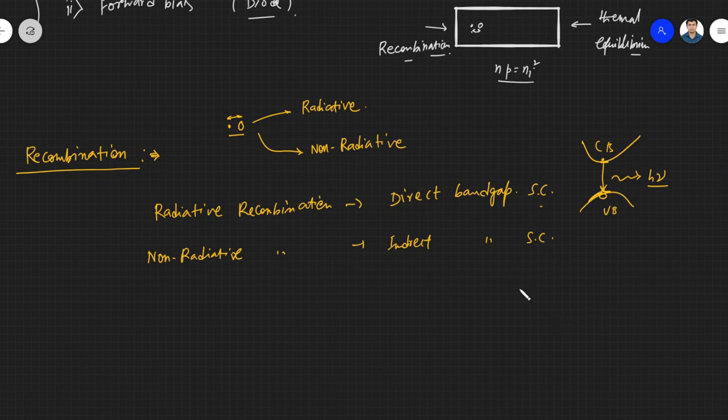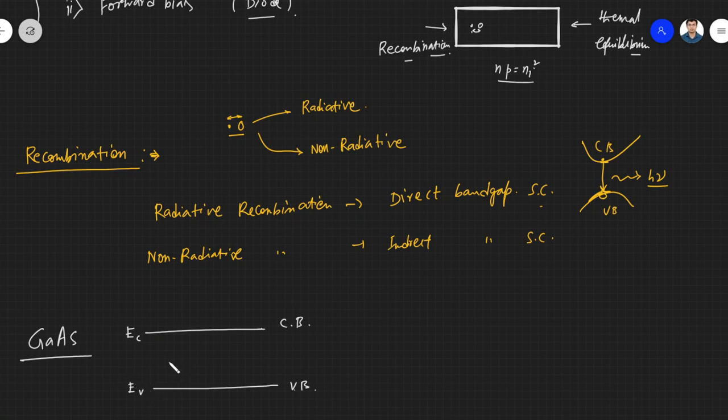Let's take gallium arsenide again. So in gallium arsenide, we have this valence band, and this is the conduction band. The energy, let's say it is EV, and the conduction band energy EC, right?